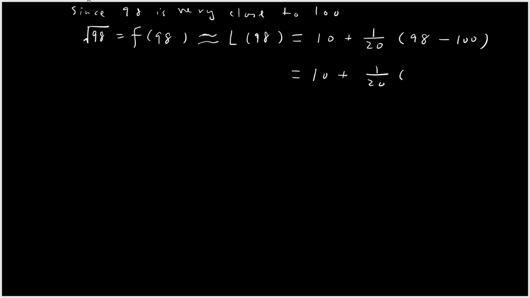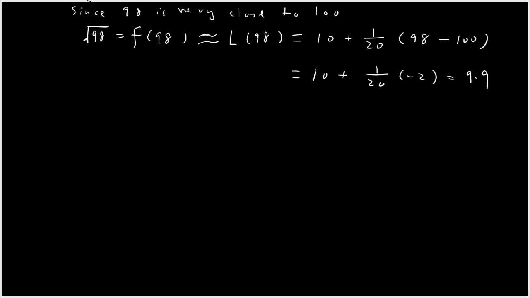I think you have negative 2, right? So do you have 9.9? Again, if you use a calculator to calculate the square root of 98, it should be very, very close to 9.9.